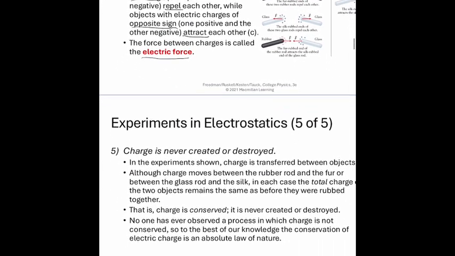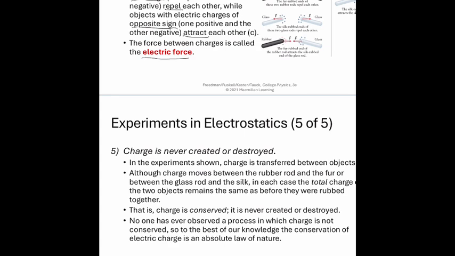So finally, the fifth observation here that all these experiments have shown us, the experiments that have been performed over the past 400 years, is also that charge is never created or destroyed.